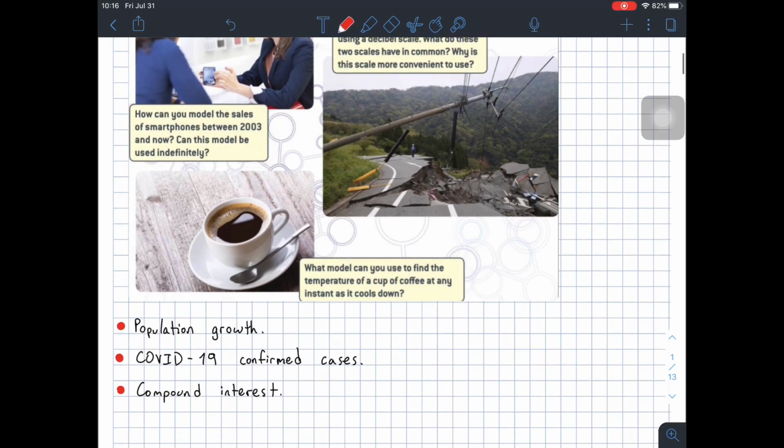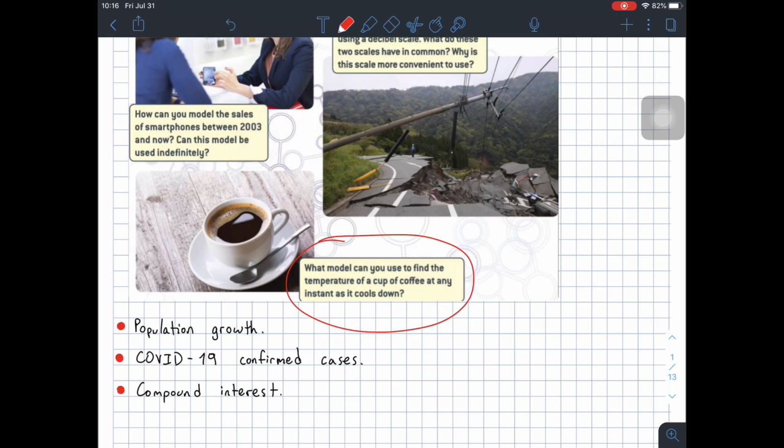Okay, in the last example here, it says, what model can you use to find the temperature of a cup of coffee at any instant as it cools down? Right? When you put your coffee in a microwave and you take it out, it starts to cool down until it reaches room temperature, right?